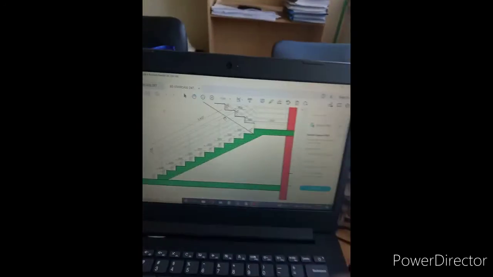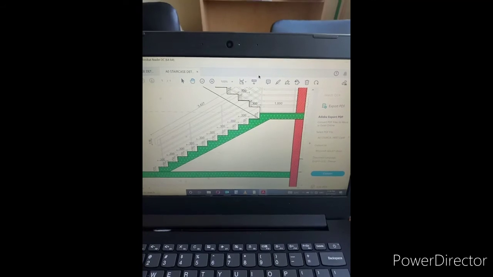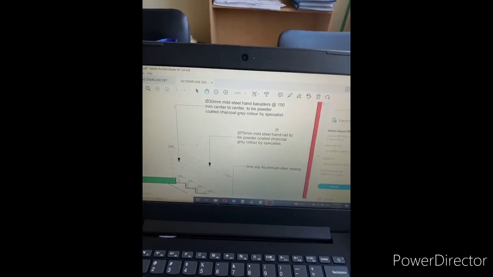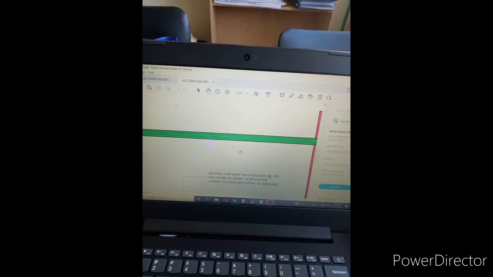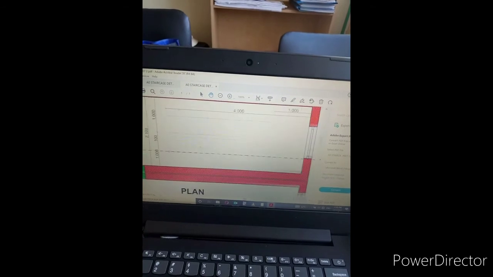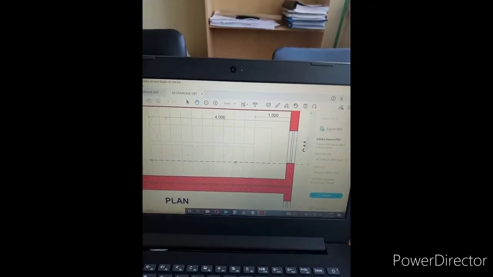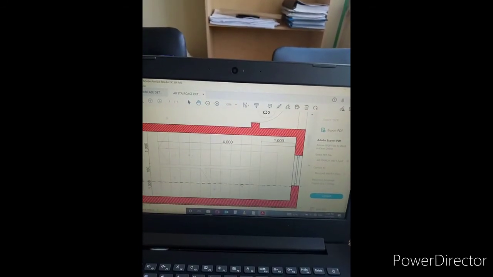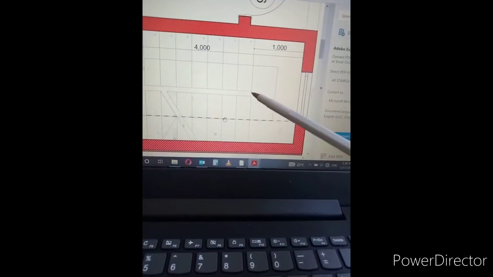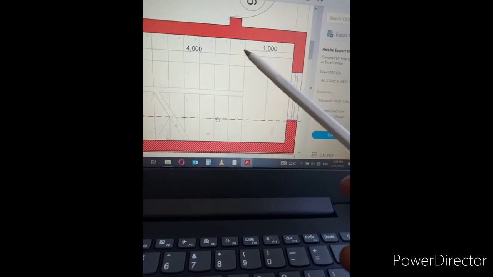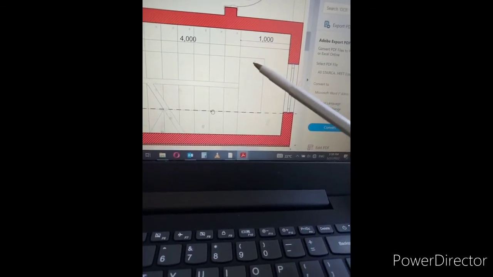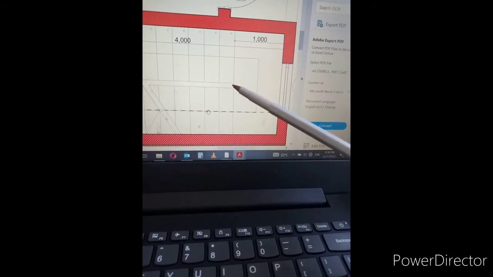For you to understand where I got the 1000 and the like, it's basically part of the perimeter of the staircase. We are not including this part because there is no side of the landing, but we're going to start here.